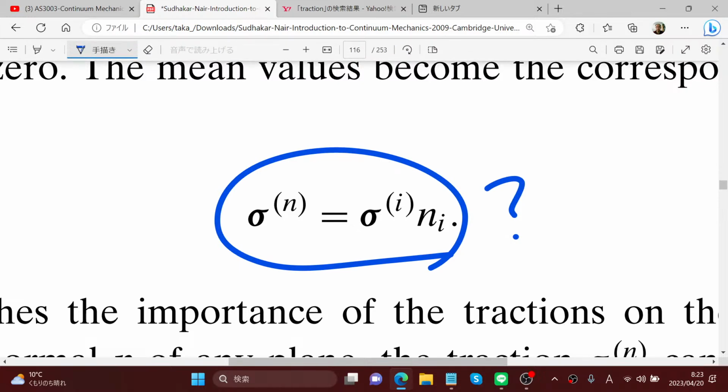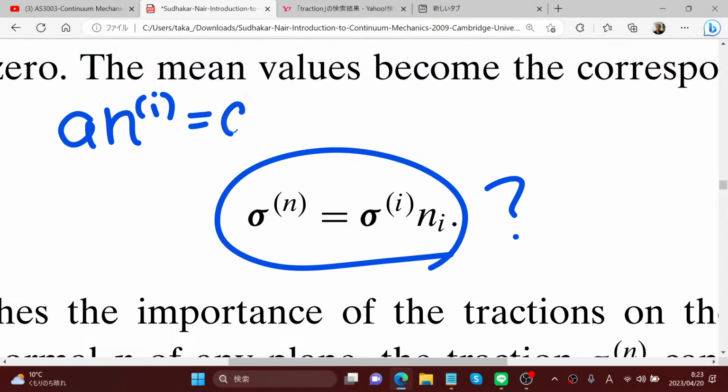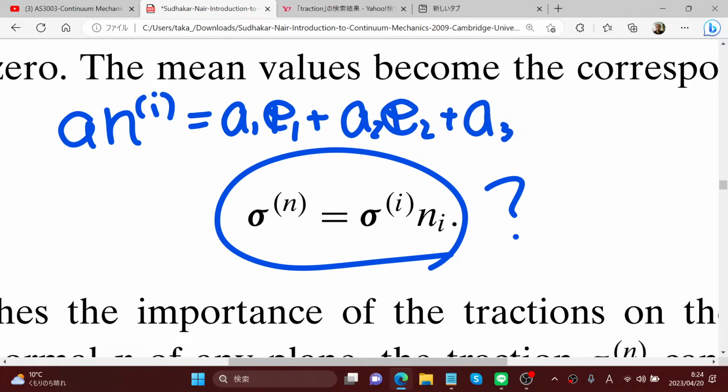For the n case, I think we have this equality: we call this n equal a1 e1 plus a2 e2 plus a3 e3.